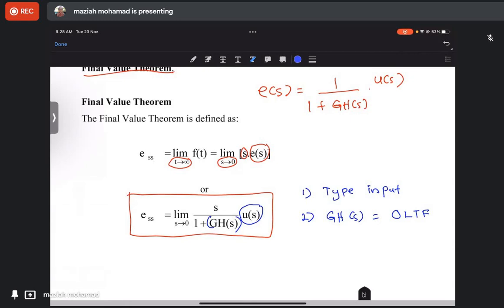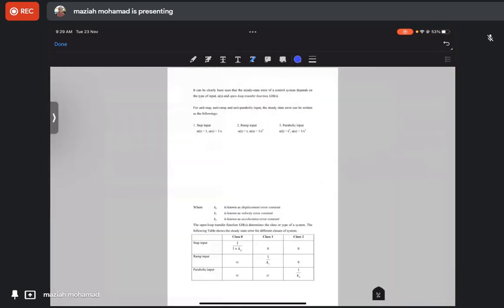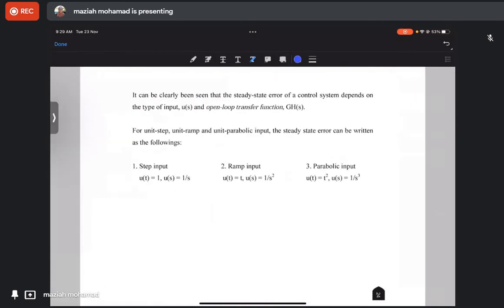Directly we say it is based on the open loop transfer function, but actually it is based on the class of the open loop transfer function. So it depends on the type of input and the open loop transfer function.